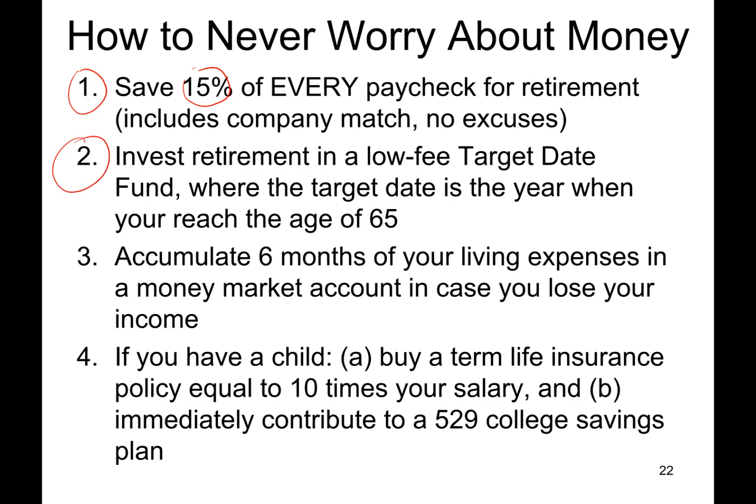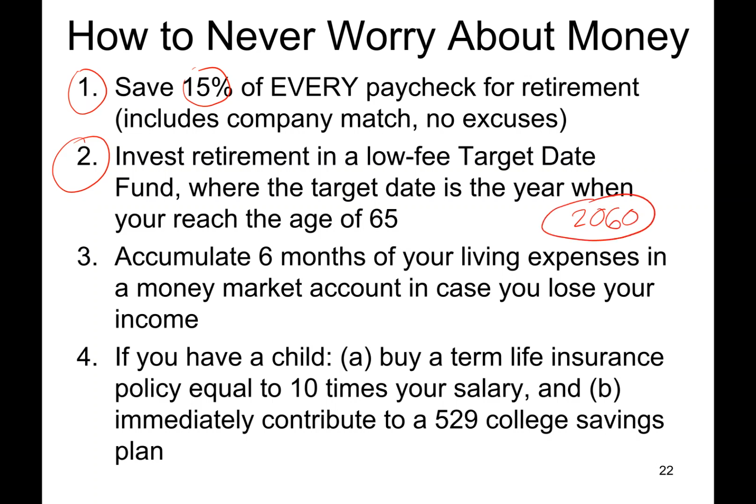A low fee target date fund. So think about target date funds. Target date funds usually have a date in their title, like a Vanguard or a Fidelity 2060 fund. What you want to do is try to estimate what year you will be, say, 60 or 65 years old. Say you're going to be 65 in 2060.